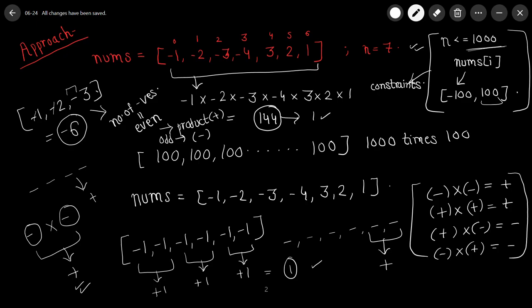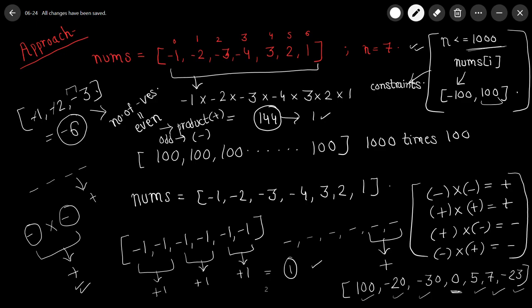Also, suppose we have something like 100, minus 20, minus 30, 0, 5, 7, minus 23. If anywhere we get 0, then definitely the product is going to be 0, irrespective of what other values are.